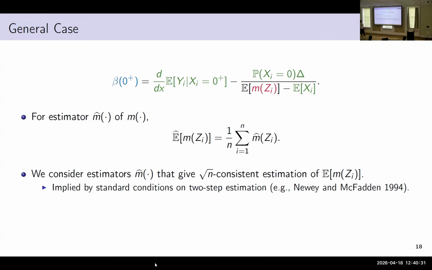That just follows from standard conditions on two-step estimation. And then if you do non-parametric estimation of this term and this term, then inference is easy because this will converge way slower than everything else. You just use the standard errors from this part.